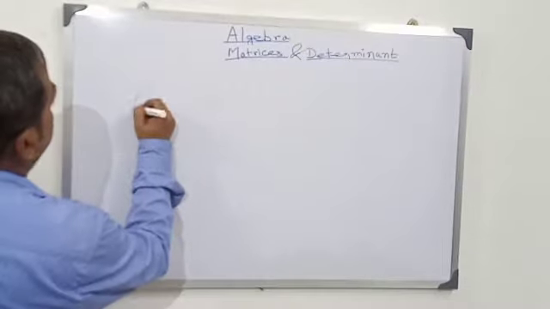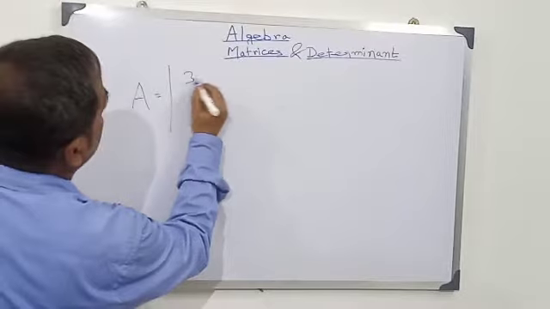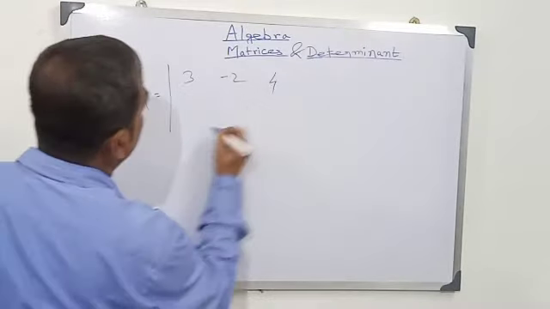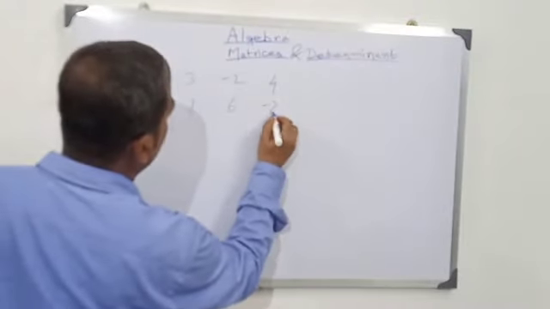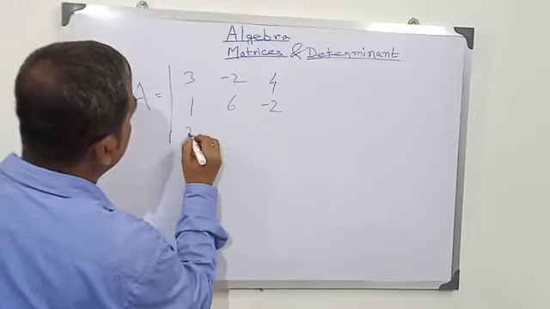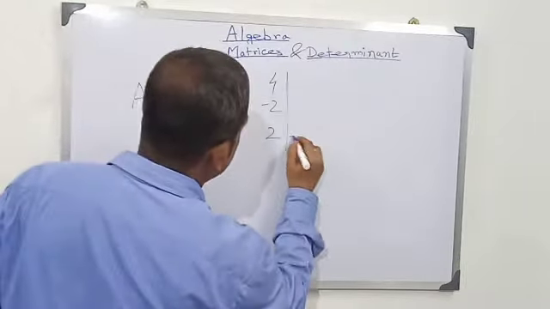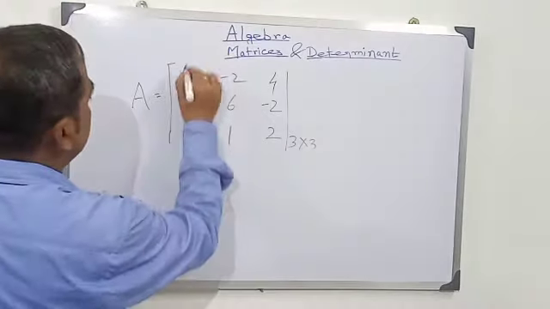Now I define matrix A is equal to, say, 3, minus 2, 4, 1, 6, minus 2, and say 3, 1, 2. This is a 3 cross 3 determinant, this is a 3 cross 3 matrix.